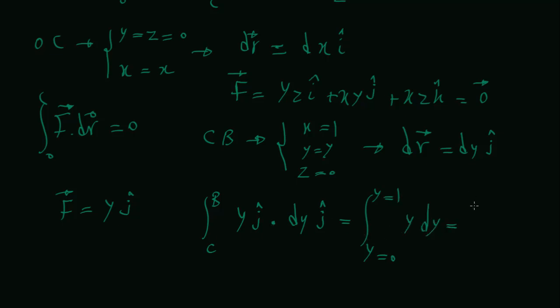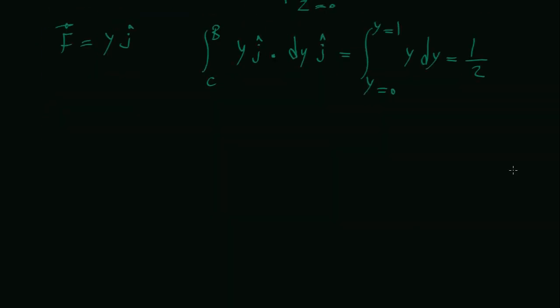So this is 1 over 2. Therefore the work on path 3 is 0 plus 1 over 2 plus 1 over 2, which is 1. So W path 3 is equal to 1.